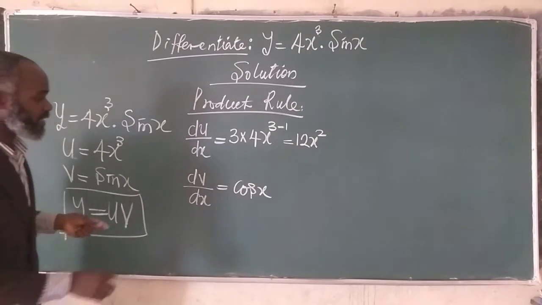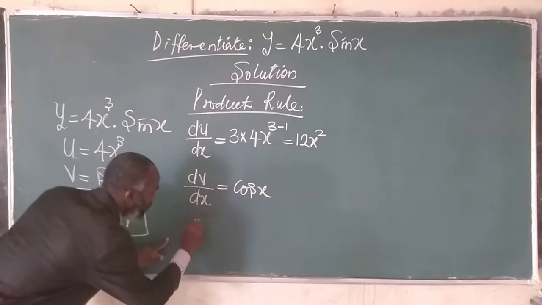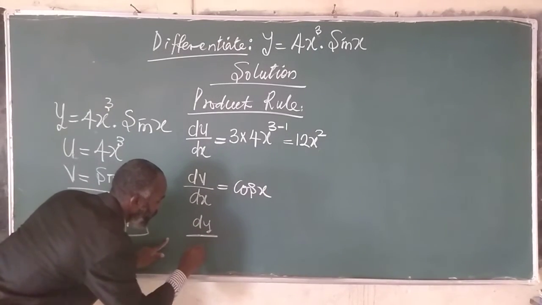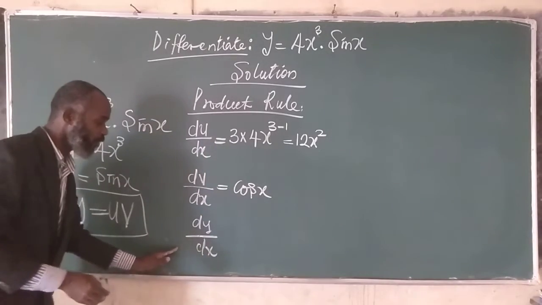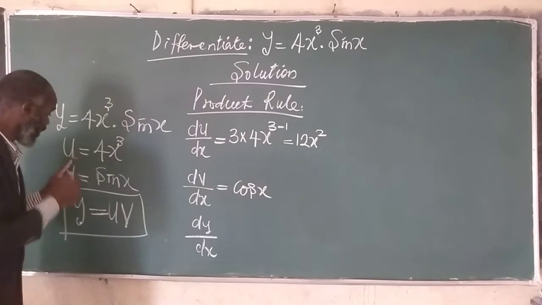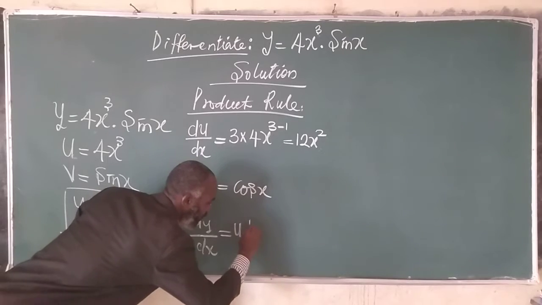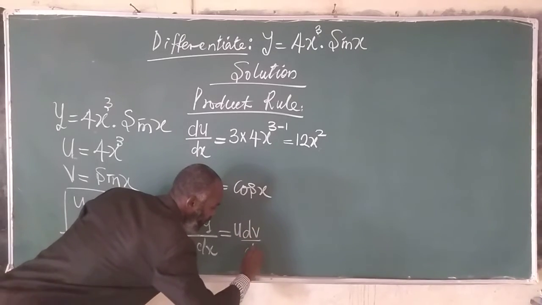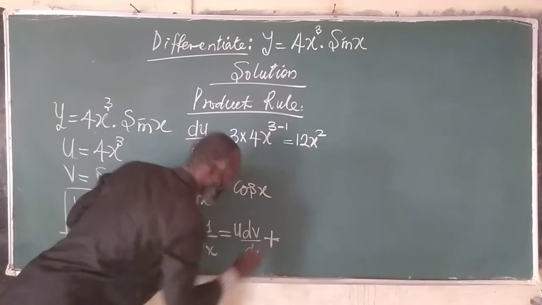Therefore, since we have done this, now we need to find dy with respect to dx. How do we get this? By keeping u. That's the concept. We keep u, and differentiate v with respect to x. Then we put our plus sign.